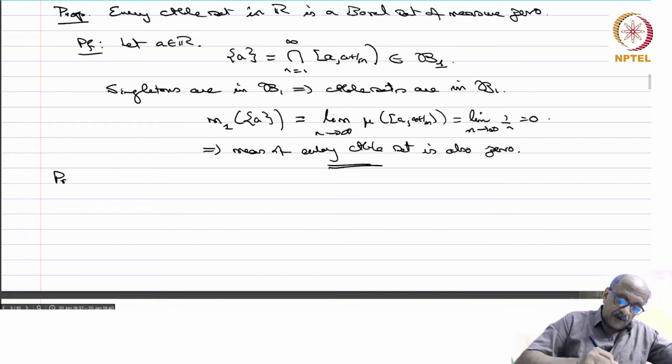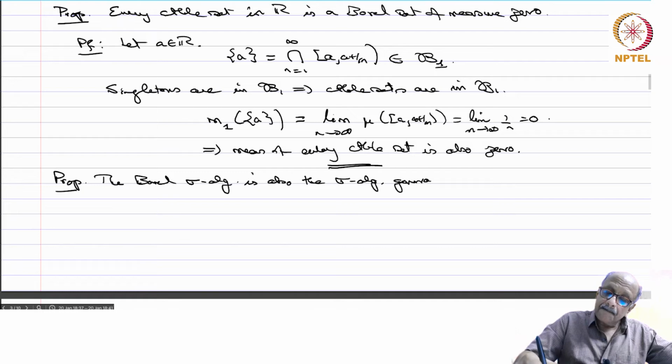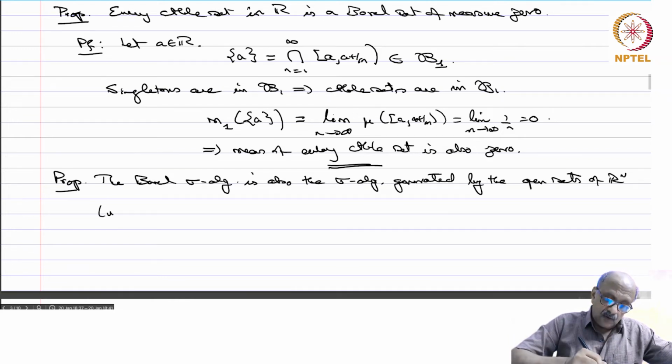Next proposition. The Borel sigma algebra is also the sigma algebra generated by the open sets of R^n, usual topology.